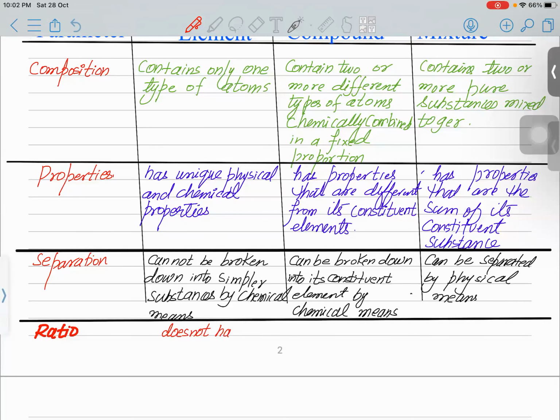A compound has a fixed ratio. In mixture, it does not have a fixed ratio.